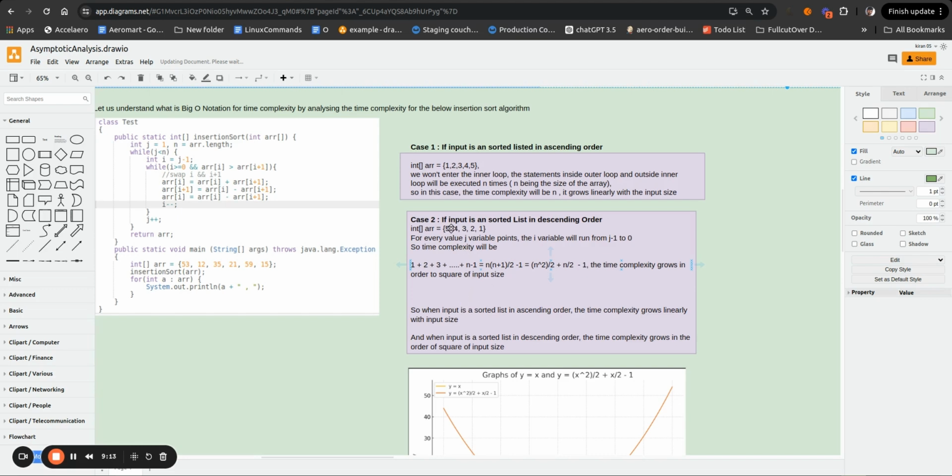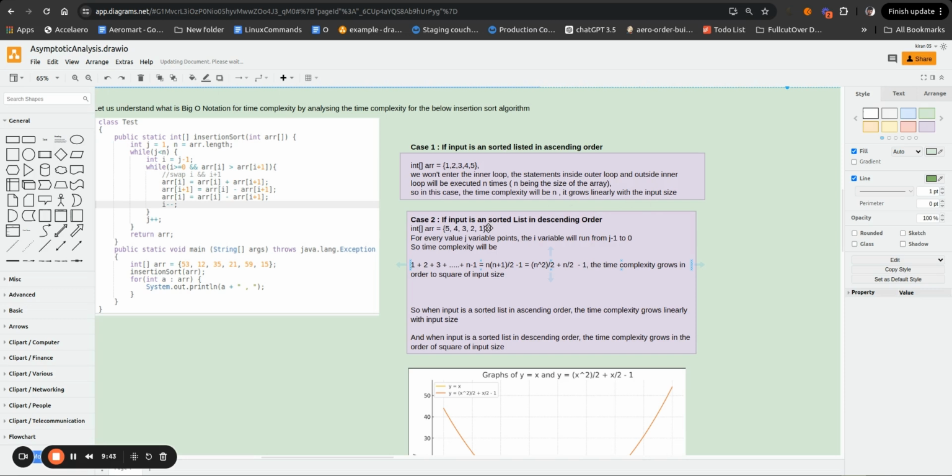Okay, so here we have two different cases. With the change in input type, the way time complexity changes with the input size is different. When the input is in ascending order, it will be linear.